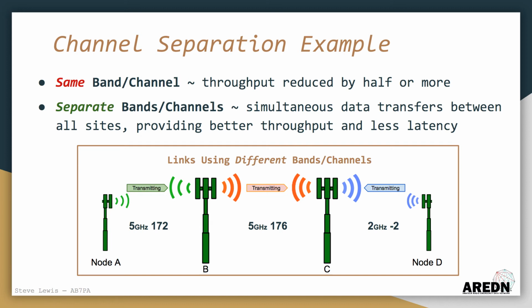Before this kind of channel plan is implemented, it might be possible to have maybe one HD video stream and one VoIP call, both of which would have frequent dropouts. After a channel plan like this is implemented, it should be possible to have 3 HD video streams and several VoIP calls simultaneously with few dropouts.